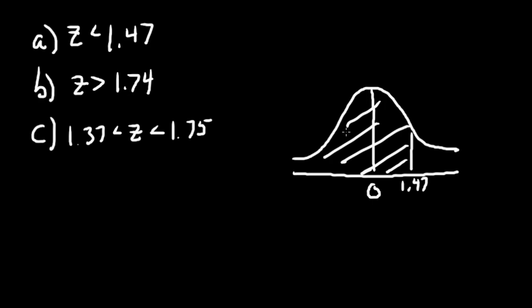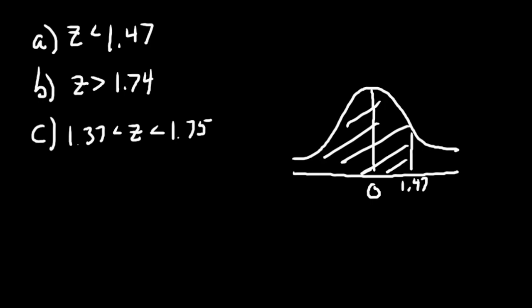Okay, now step number 3 is going to be go out and look up our z-scores in the z table. This depends on what your z table looks like. There are really 3 types of z tables out there: ones that give you area to the left, ones that give you area to the right, and ones that give you the area to the center.